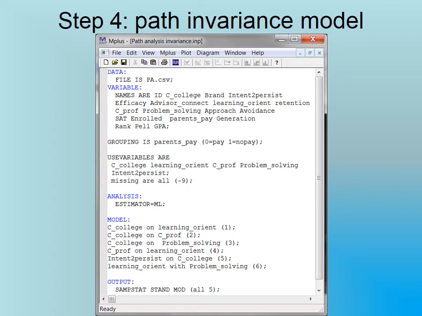Our next step then is to determine whether the path invariant model is different from the configural invariance model. In other words, is there a significant difference when you constrain the paths to be equal across the groups and when you don't constrain them to be equal across the groups?